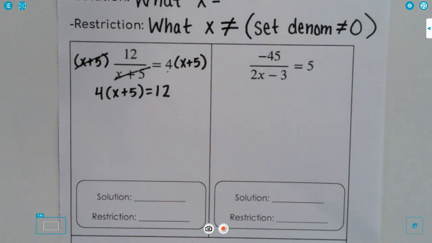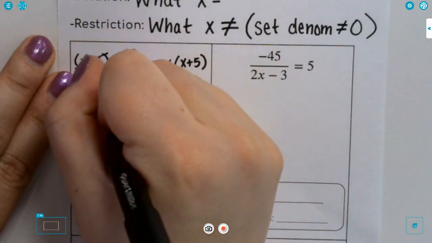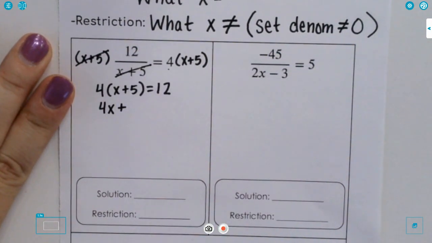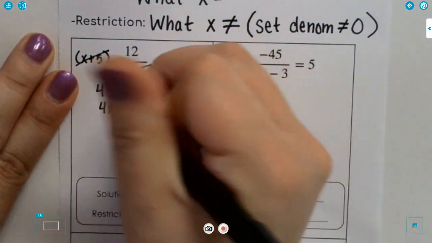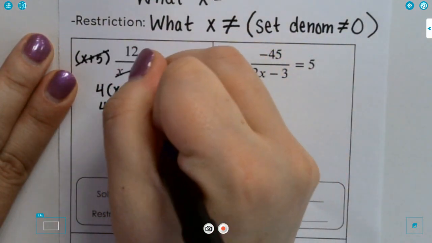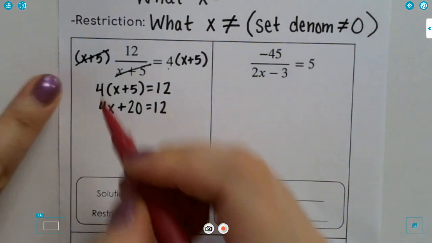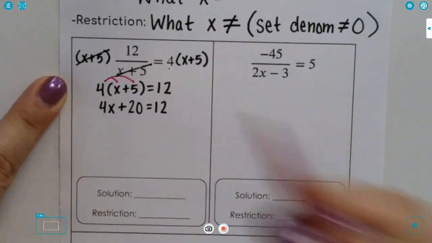And then from there, I'm going to solve my equation. So I'm going to do 4 times x, which is 4x, 4 times 5, which is 20, equals 12. So I just distributed 4 times x, 4 times 5.